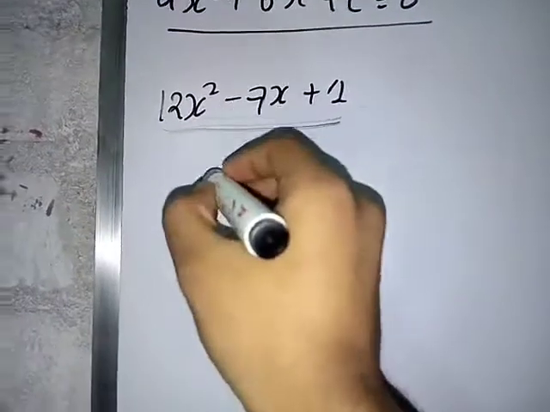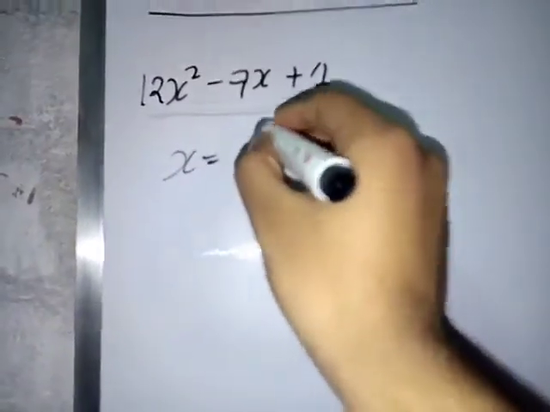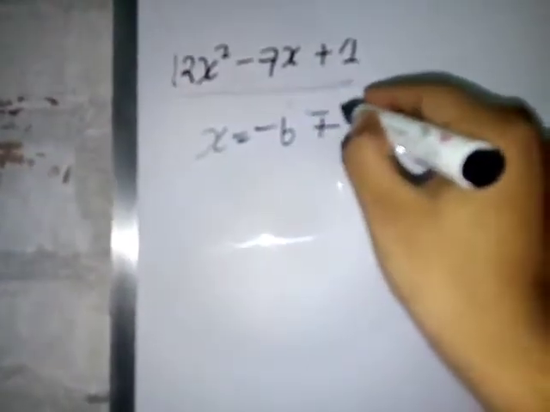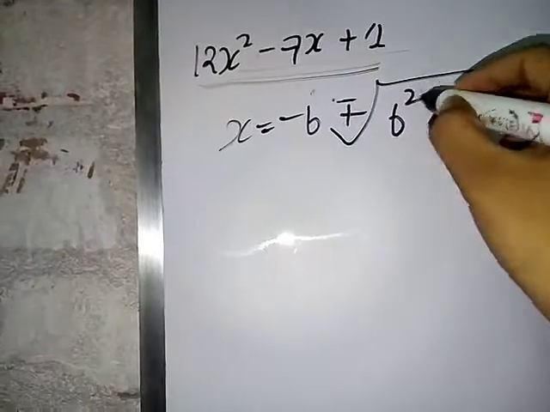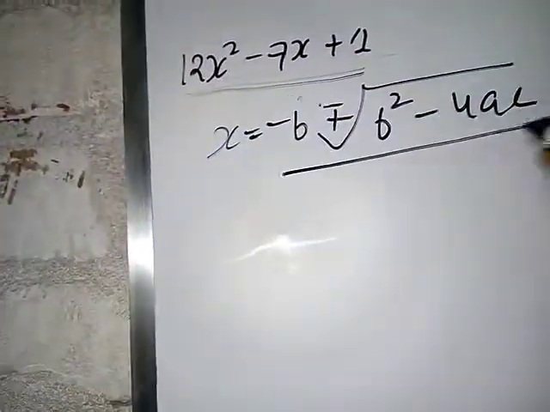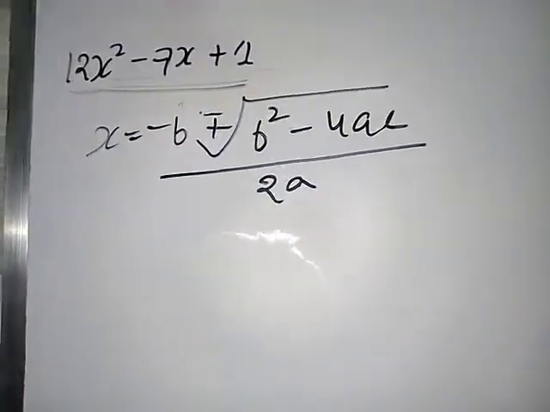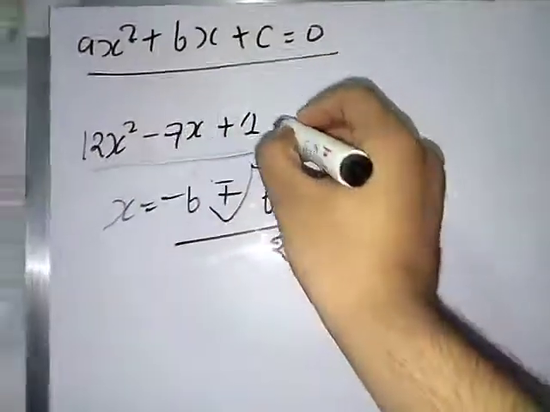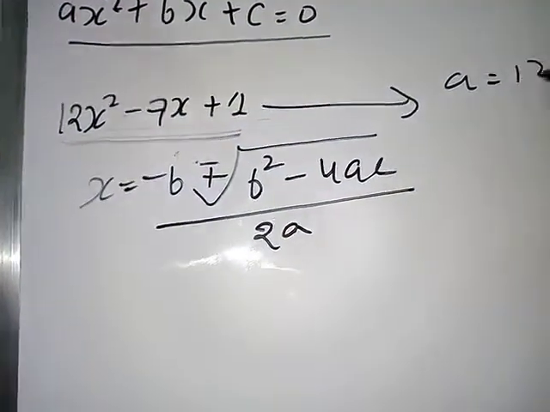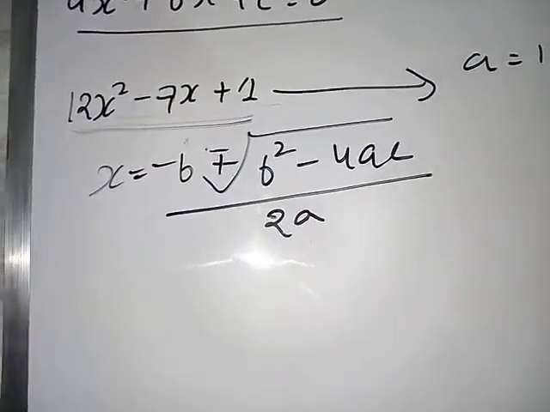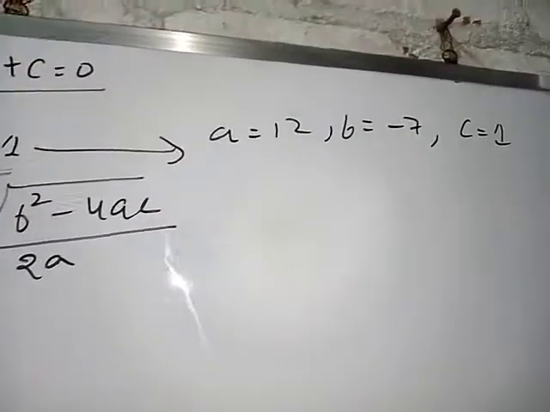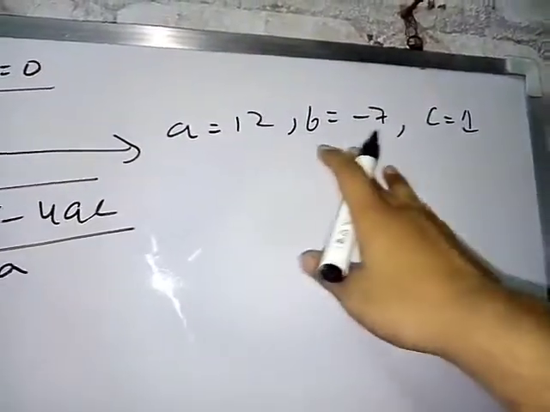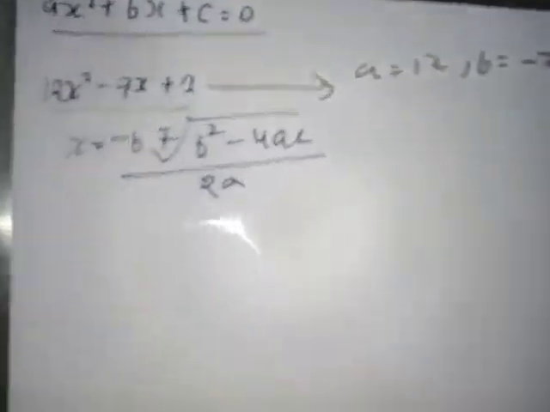So we have the formula x equal to minus b plus minus under root b square minus 4ac upon 2a. So here a equal to 12, b equal to minus 7 and c equal to 1.